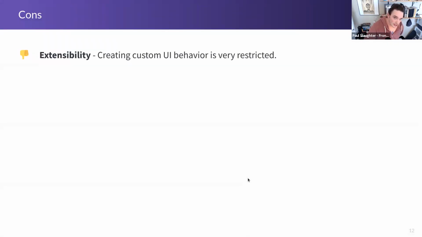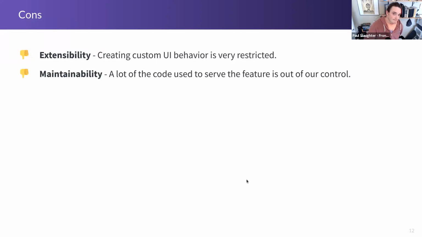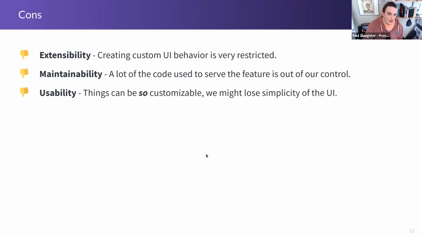Some cons: the UI is very restricted to what they let us do. A lot of the code is out of our control, so that is a maintainability concern, especially if we're tempted to touch implementation details. From a usability perspective, the Web IDE having fewer features means users don't necessarily run into shooting themselves in the foot by configuring and extending things in a bad way.